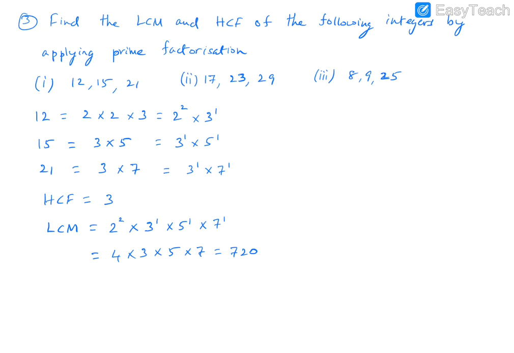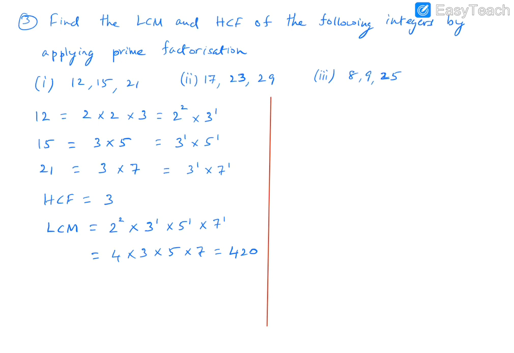Just a small correction in the multiplication here, it's not 720, it is 420. Okay, make that correction. So it's 4 3s are 12, 12 5s are 60, and 60 into 7 is 420. Okay, my correction. Please note that. So the LCM is 420, and the HCF is 3.